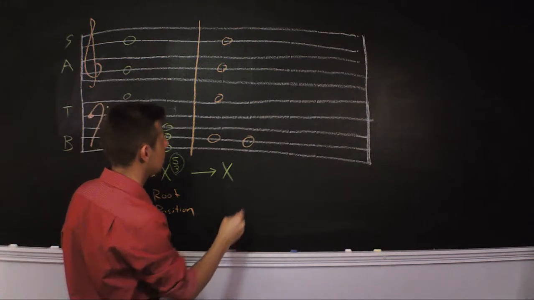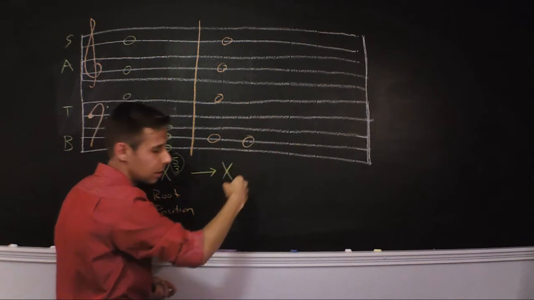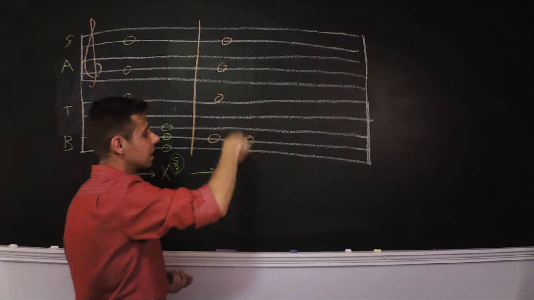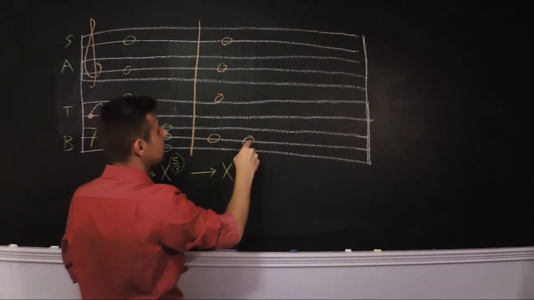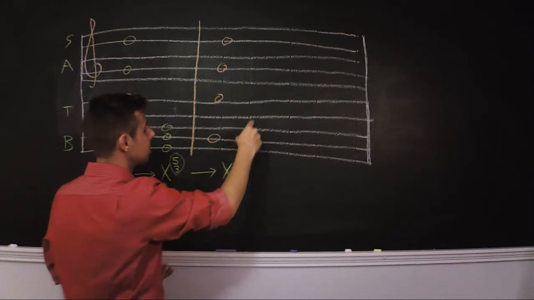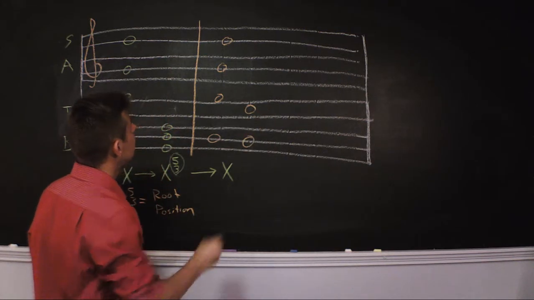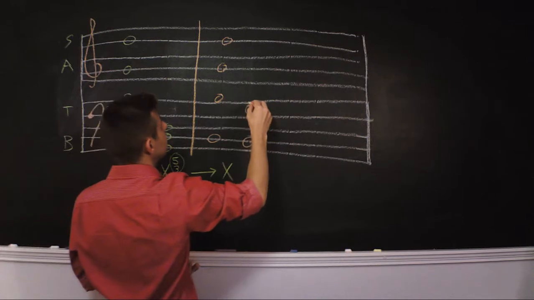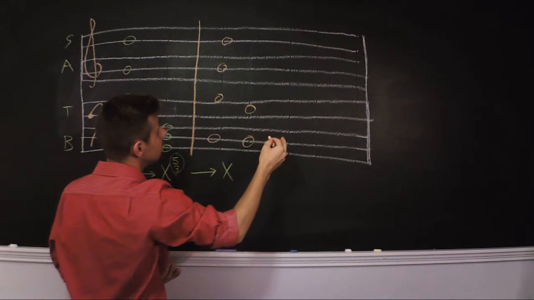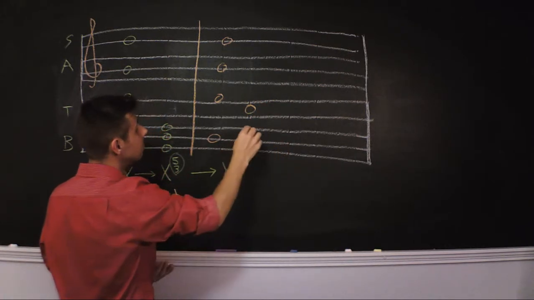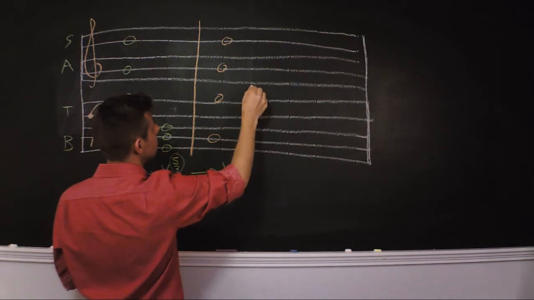Alright, so what's the next closest G above this? We don't want to put it below, right? We're not moving them around, we're just compacting everything. So the next closest G would be here. And the next closest D would be here.